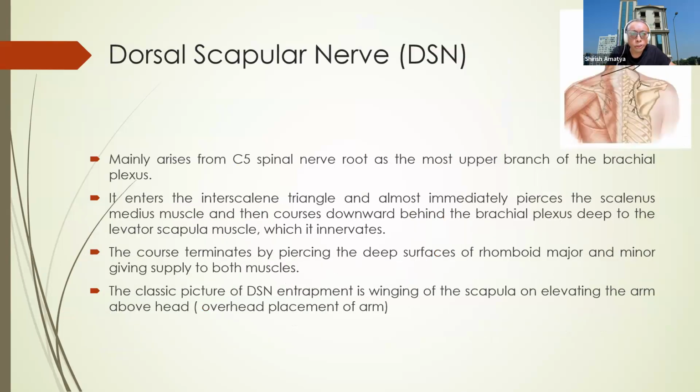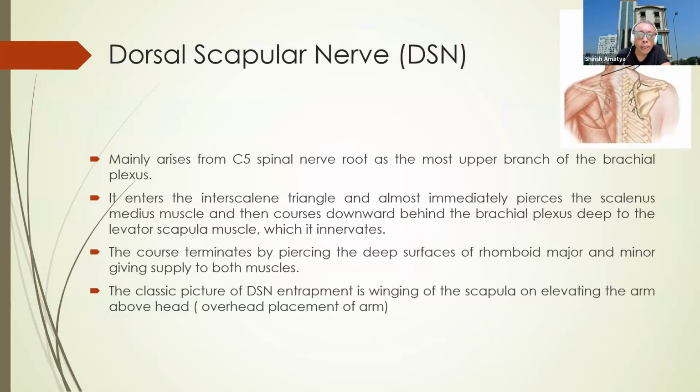Similarly, the dorsal scapular nerve is also mainly a motor nerve, and it arises mainly from the ventral rami of the C5 spinal nerve root as the uppermost branch of the brachial plexus. In 75% of cases, it arises from the ventral rami of the C5 spinal nerve root, but in the remaining 25% of cases, it can arise from the ventral rami of the C4 or T1 spinal nerve.